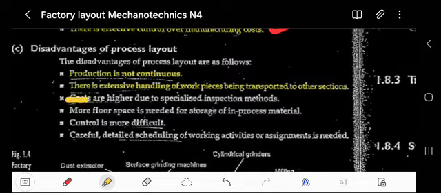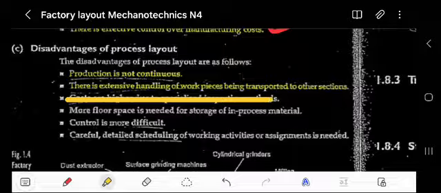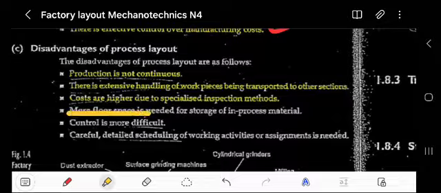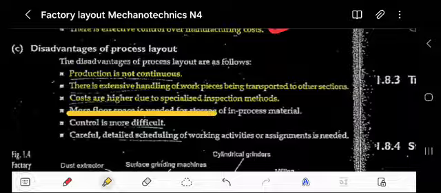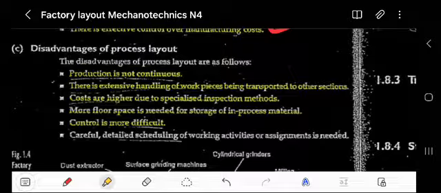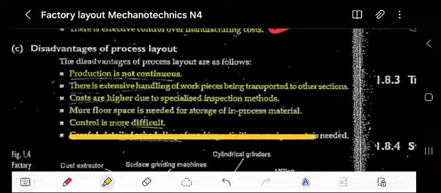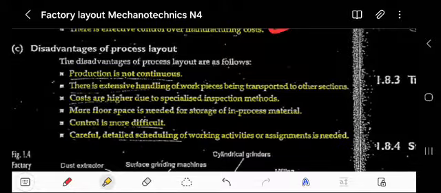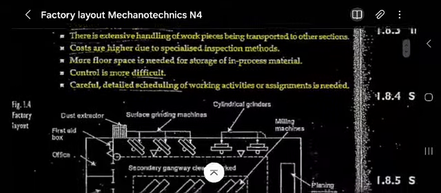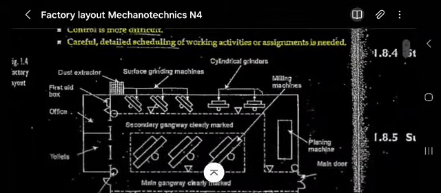The costs are higher due to specialized inspection methods. More floor space is needed for storage of in-process material. Control is more difficult; carefully detailed scheduling of working activities is needed. This is what we have there.